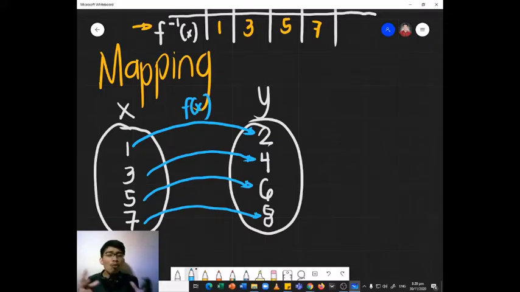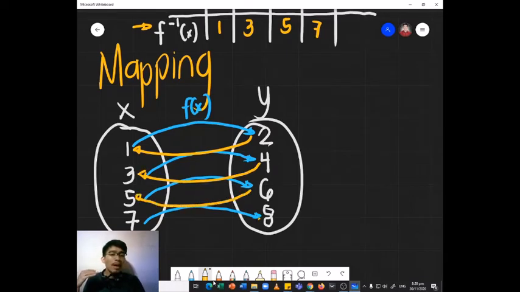But how does the inverse function work? The inverse function works by going back from where we started. So from 1 corresponds to 2, we will now treat it as 2 corresponds to 1, 4 corresponds to 3, 6 corresponds to 5, and 8 corresponds to 7, going back from where it started.